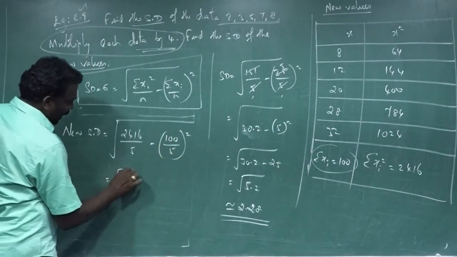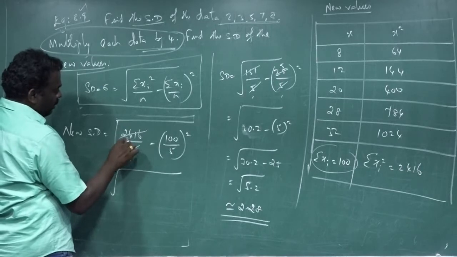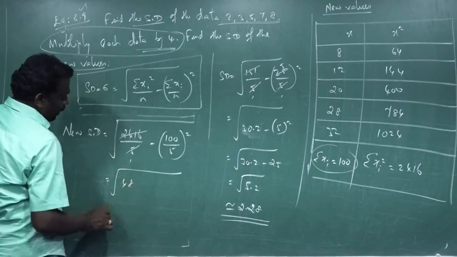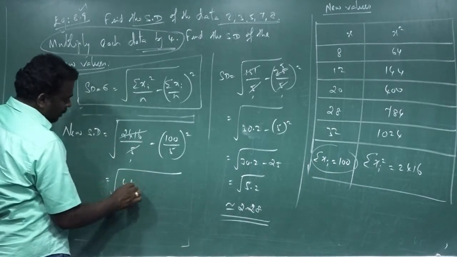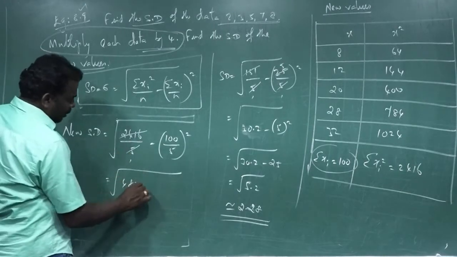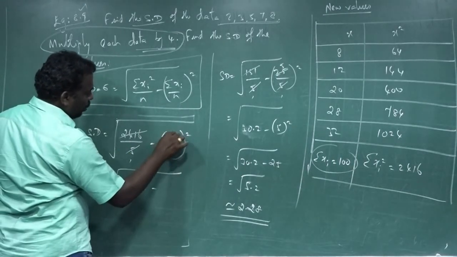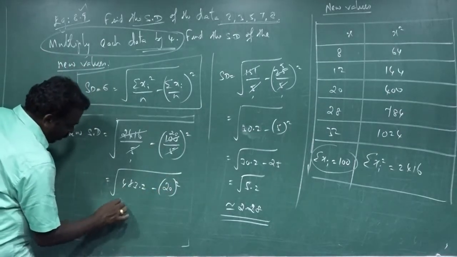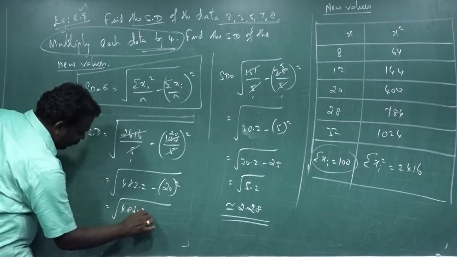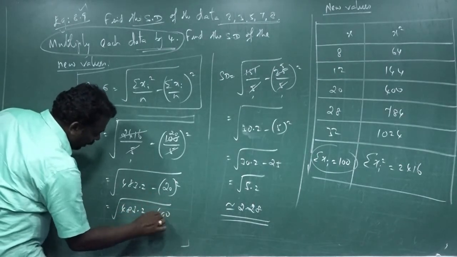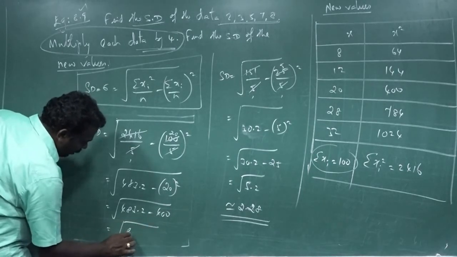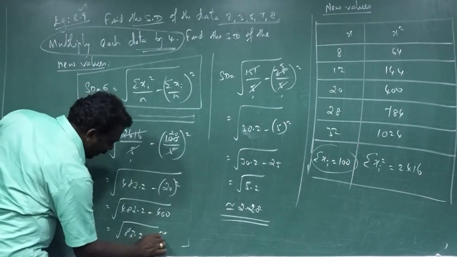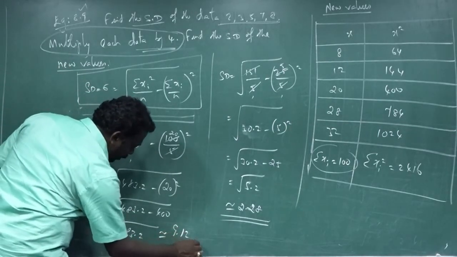That is equal to: cancel, 1 5 is 5, 24, 4 5s are 20, remainder 4, 0, 8 5s are 40, remainder 1, 6, 3 5s are 15, remainder 1, 2, minus 20 square. That is equal to square root of 483.2 minus 400. That is equal to square root of 83.2. Now the approximate value is equal to 9.12.